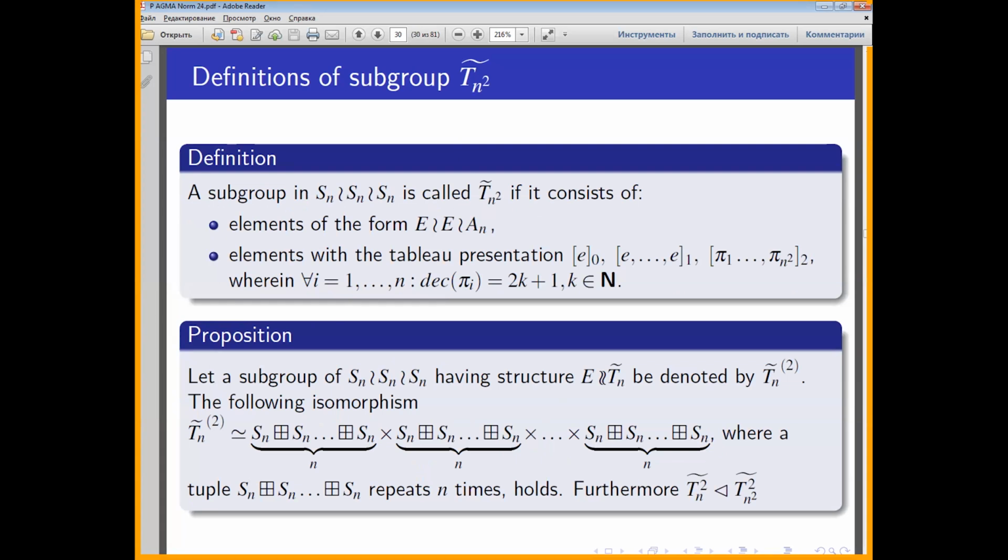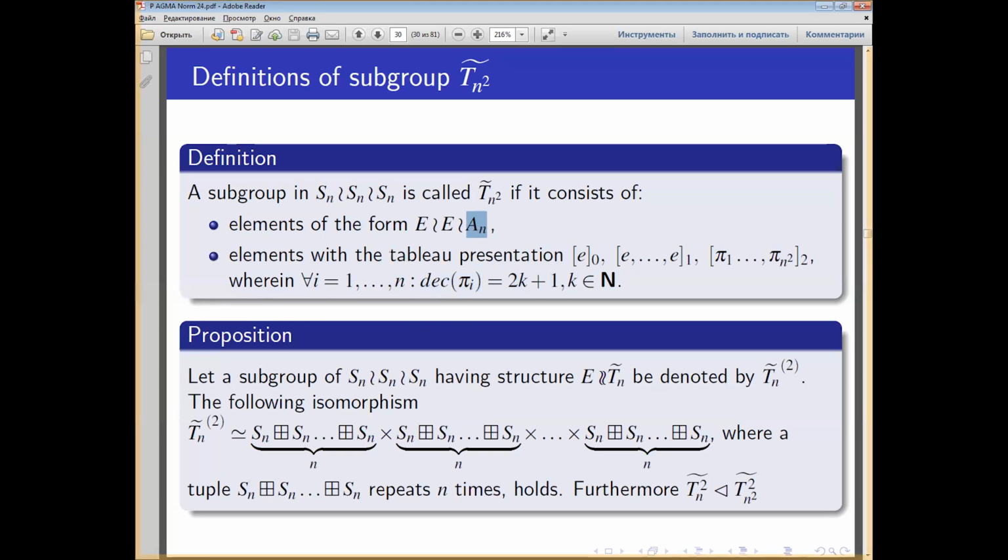In the triple wreath product Sn, Sn, Sn, we can consider the similar subgroup T tilde n square. It consists of elements of the form, with tableau presentation, where the decrement of PE is 2K plus 1, and the decrement of the first type is even.